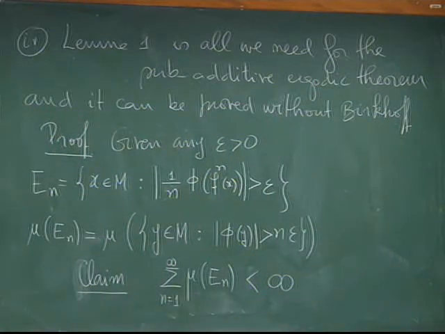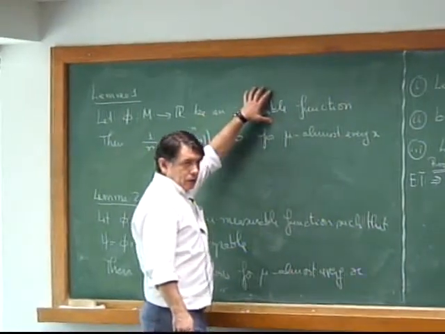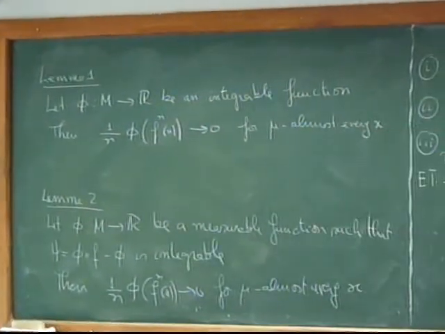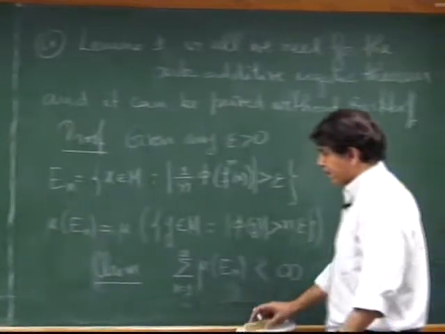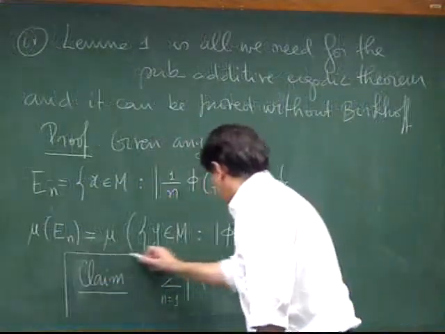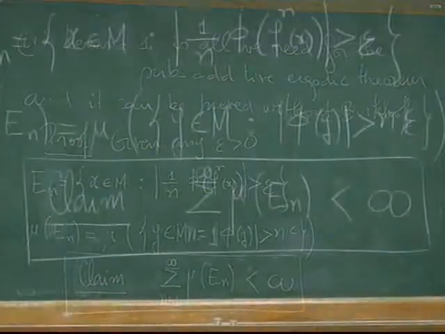That's what I explained here. But now I'm saying that if you have this stronger assumption, not only do they go to 0, but the series is summable. So let us accept this for a little while. The sum is finite.